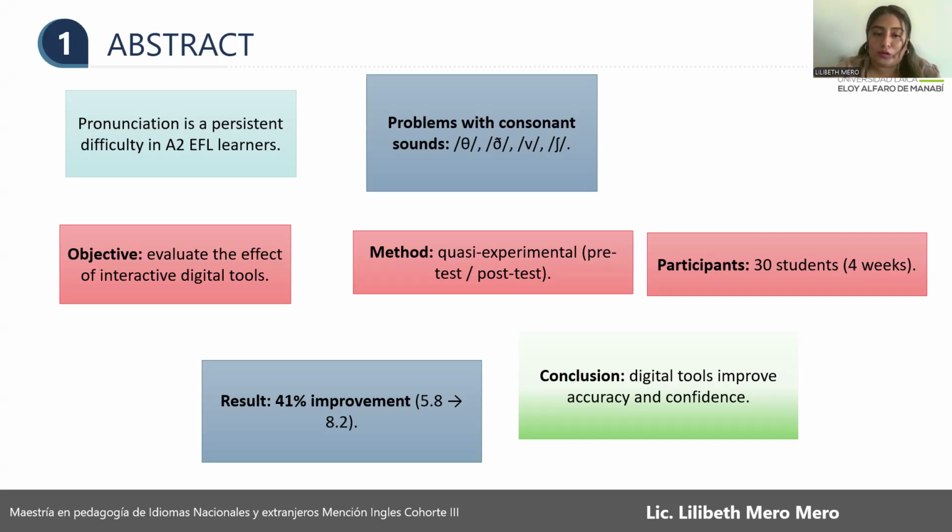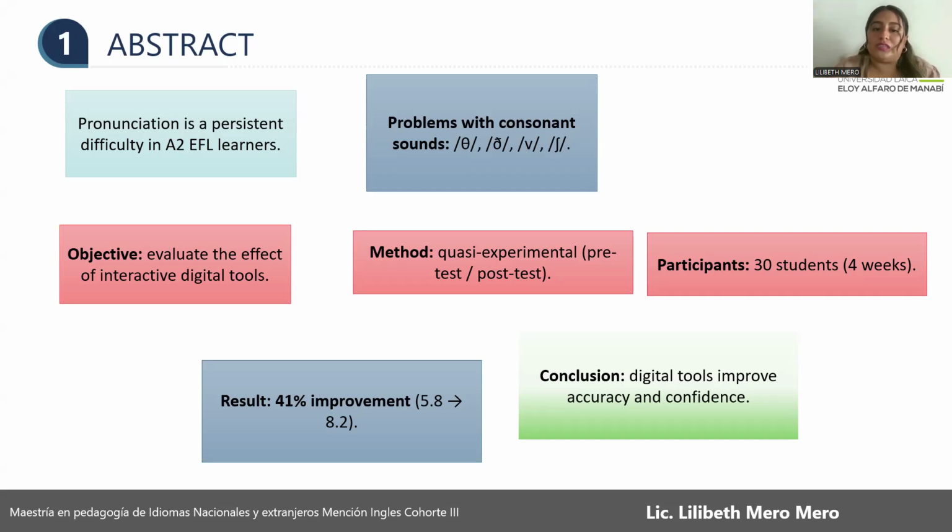Finally, the other symbol represents the sh sound as in "sheep". It is a voiceless sound produced in the stable tongue position, pushing air out. This symbol allowed me to teach pronunciation more accurately and help students with sounds that do not exist in Spanish.